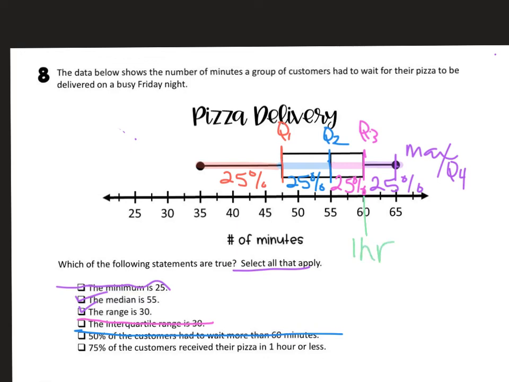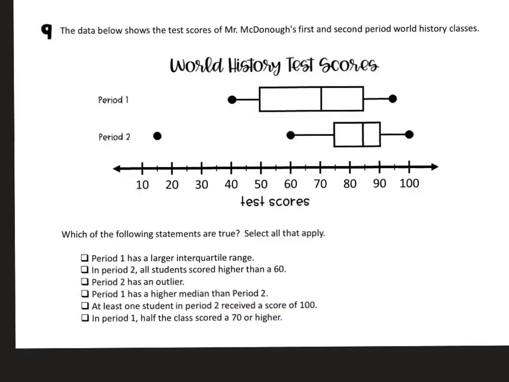The question is, does that 1 hour represent 75%? And because they're talking about less than, I'm going to move to the left. So as I go to my left, that's 25% of the data. There's another 25% and another 25% till I get all the way to the end. Well, 3 25s is 75%. So that is also true. So that is correct.